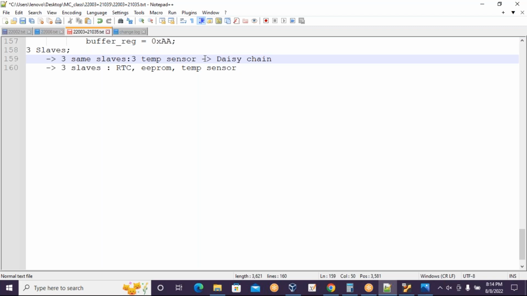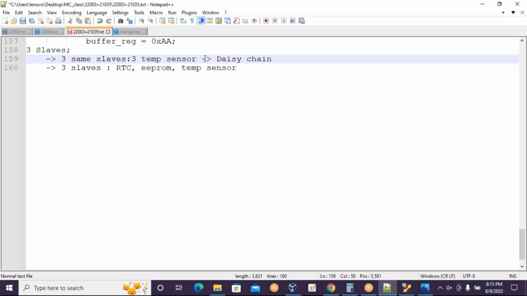I don't have to learn three different instruction sets. So if I know the configuration of one temperature sensor, quite enough, I can make sure to configure the other temperature sensors also. And remember, if the devices are the same, they will have good compatibility between them. So connecting to the same temperature sensors is easier compared to connecting to different temperature sensors.